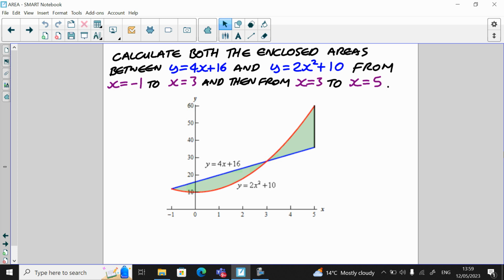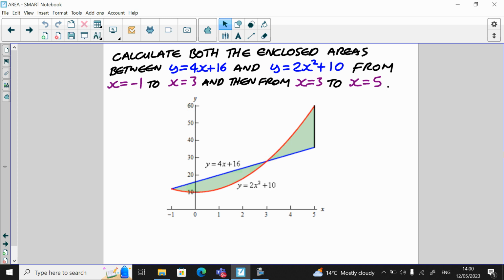But this time, it's from x equals -1 to x equals 3, then again from 3, because that's where the curve and the line meet again, up to from x equals 3 to x equals 5.